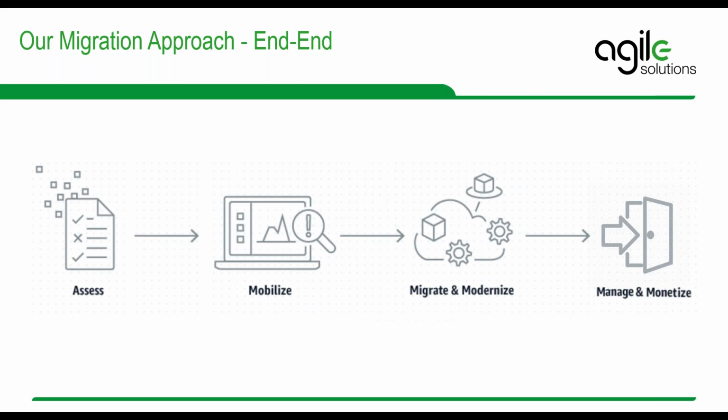And this approach has proven effective whether you're looking to migrate a single workload or hundreds of thousands. All migrations, however large or small, require coordination and implementation across multiple disciplines and teams. So we approach all iterations of migration in 4 stages: assess, mobilize, migration and modernize, and manage and monetize.